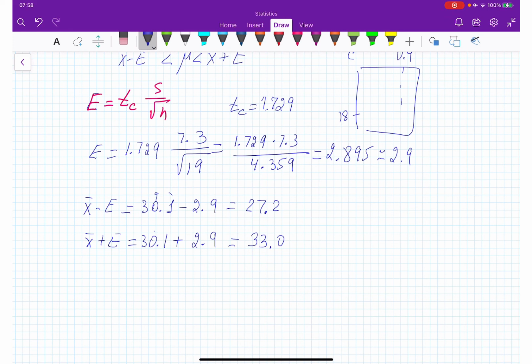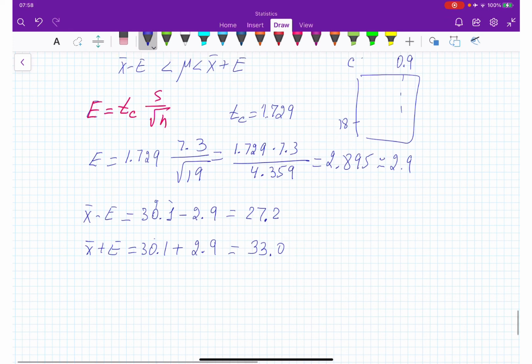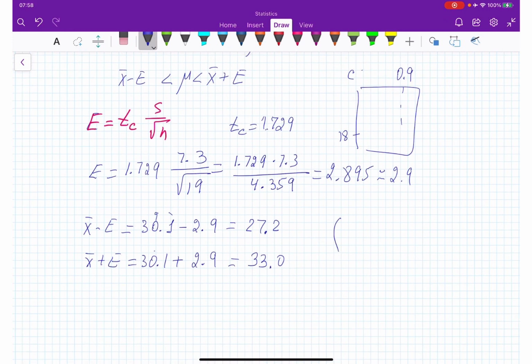And we get 33.0. So the population mean is going to be between 27.2 and 33.0, somewhere in the middle. And the margin of error we already solved is 2.9.